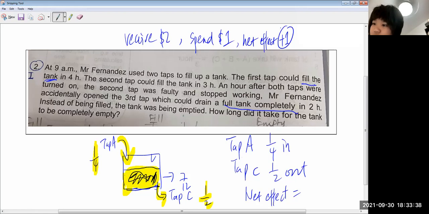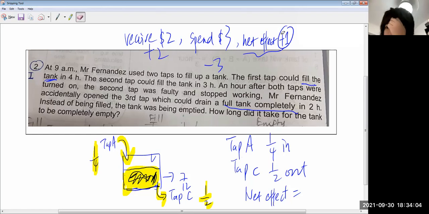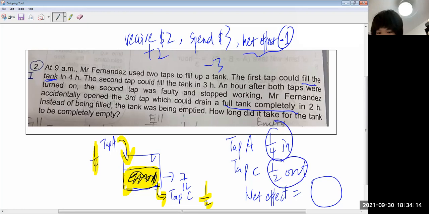If you receive $2 and spend $3, what's the net effect? Receive means +2, spend means -3, so the net effect is -1. What's the net effect in this case then? You have 1/4 in, half out.